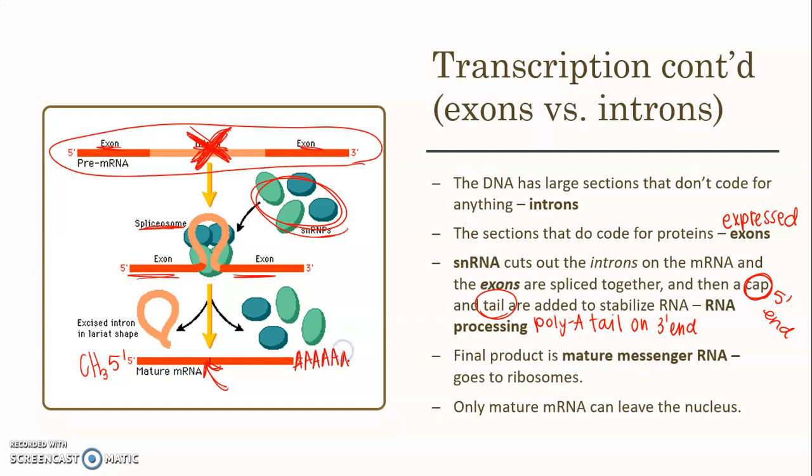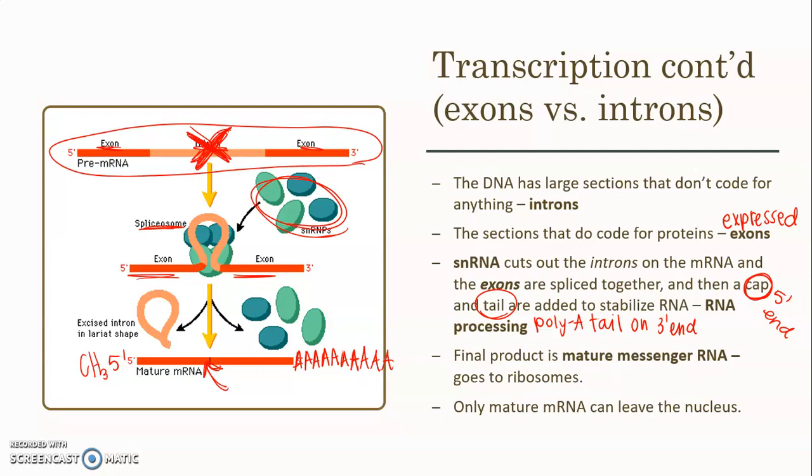It's just understood that these orange blocks are representing nucleotides. They're just not showing you the letters because that would look very busy. But there's a poly-A tail with a bunch of adenines at the end of this mRNA.